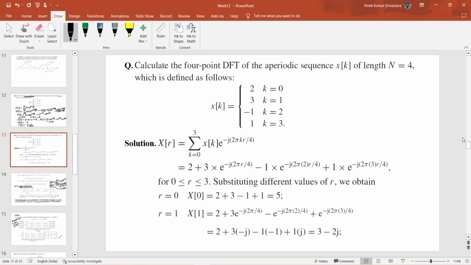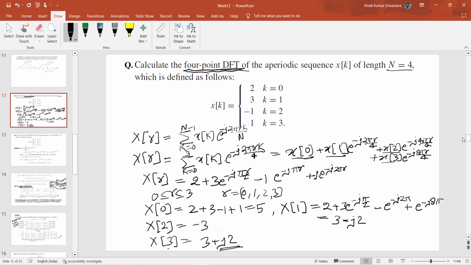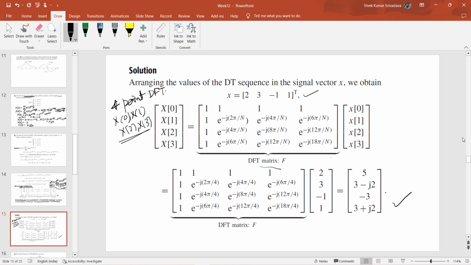Here you can see that for X of 0 we get 5, X of 1 we get 3 minus j2, X of 2 we get minus 3, X of 3 we get 3 plus j2. So the same values of the coefficients we have got by using this matrix multiplication.